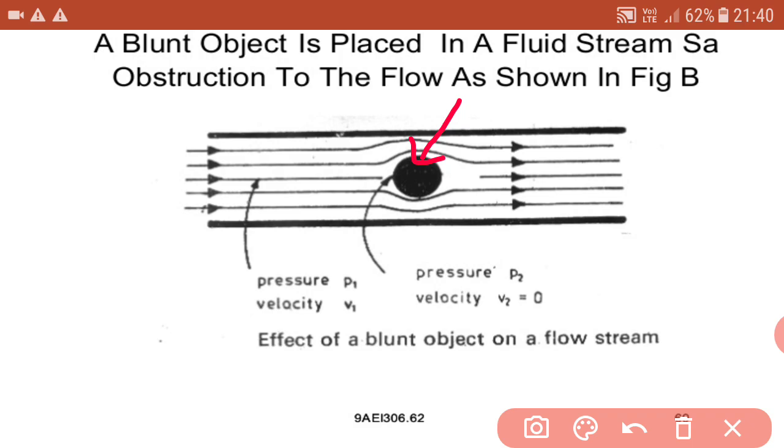Before this object, the pressure is P1 and velocity is V1, and at the blunt object pressure will be P2 and velocity will be 0. Why 0? Because at this center point, the velocity is 0. So this is the effect of a blunt object on the flow stream.